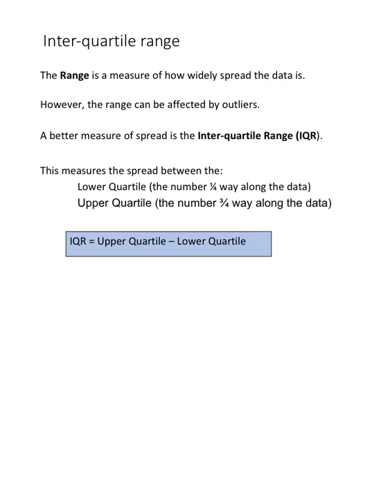So a better measure of spread is what we call the interquartile range. If there is an outlier there, and we work out the interquartile range, it will not be affected by any outliers in the data. So the interquartile range is the upper quartile minus the lower quartile, and you'll sometimes see it written as IQR.